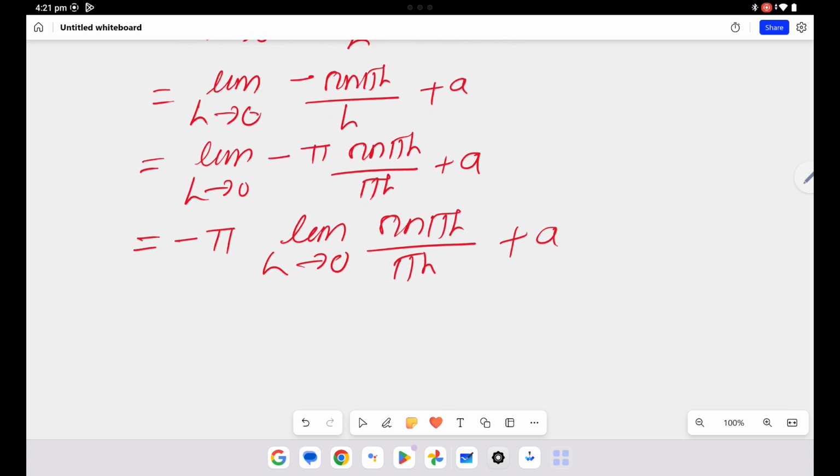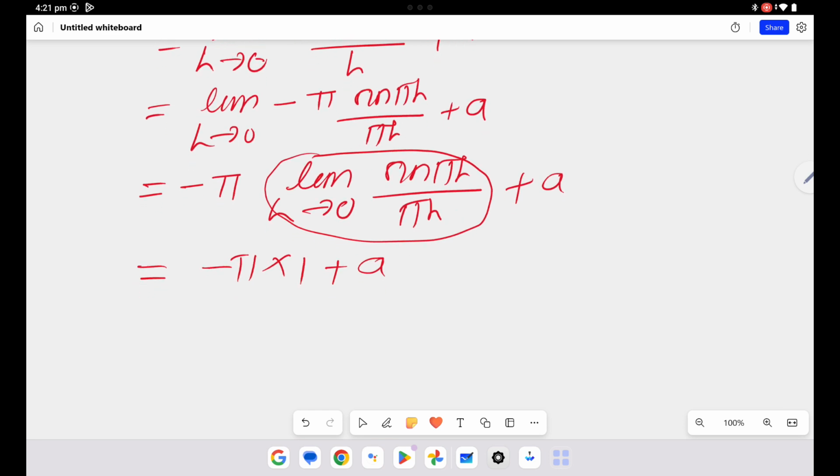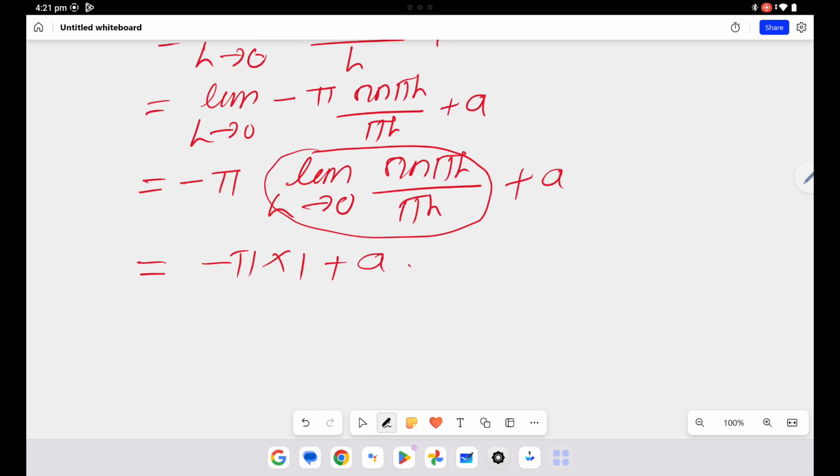Then by using the formula that the limit as theta tends to 0 of sin theta upon theta is 1, this limit is 1, so this is equal to minus pi into 1 plus a, which is minus pi plus a.